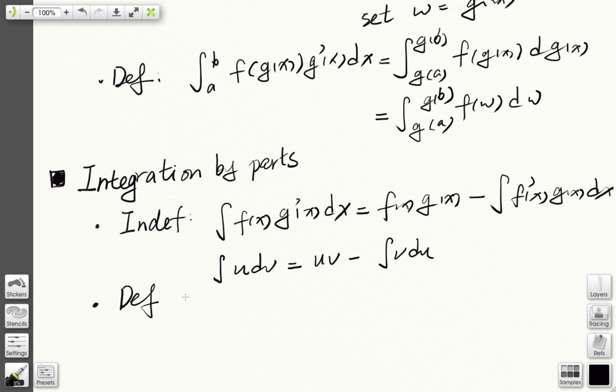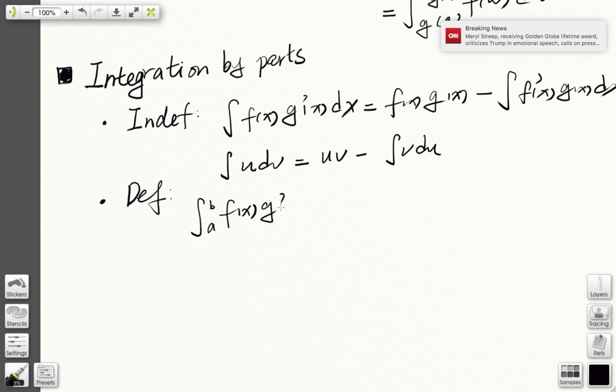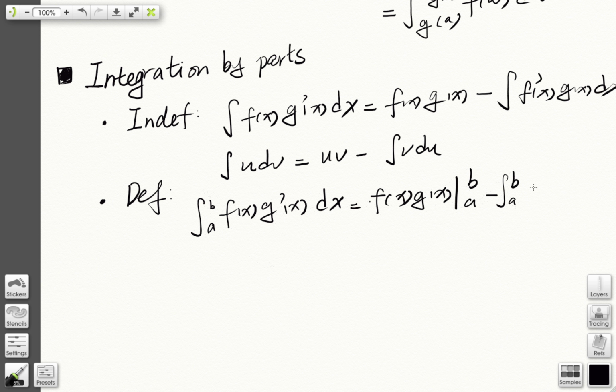As for the definite integration version, we'll have the integral from a to b of f of x g prime of x dx equals f of x g of x from a to b, minus the integral from a to b of f prime of x g of x dx.